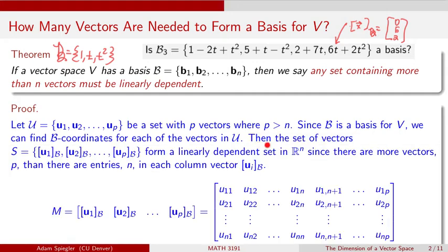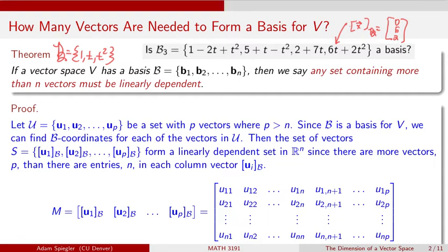So now we have a set of vectors S, which is going to consist of each of the vectors in our set U that are written with respect to the coordinates for our initial basis B, which we know has n elements. So this set is going to have to form a linearly dependent set in Rn, since we have more columns in our matrix, which is equal to p, than we have rows in our matrix, which is equal to n.